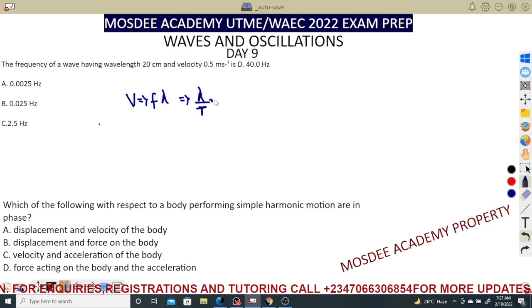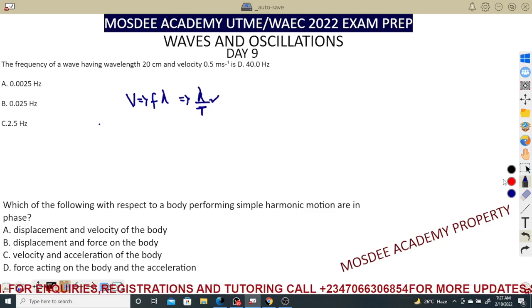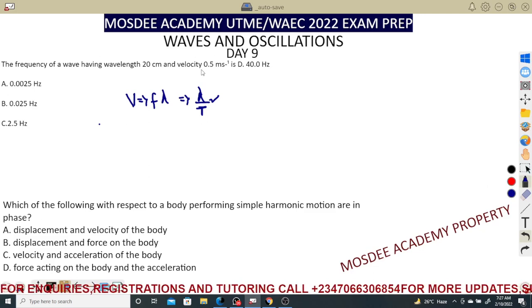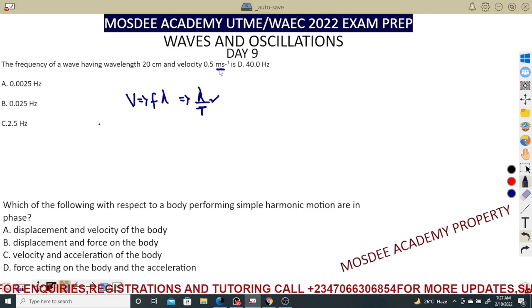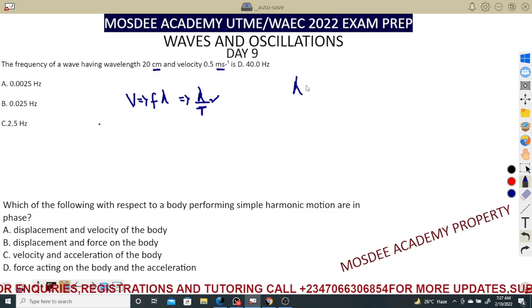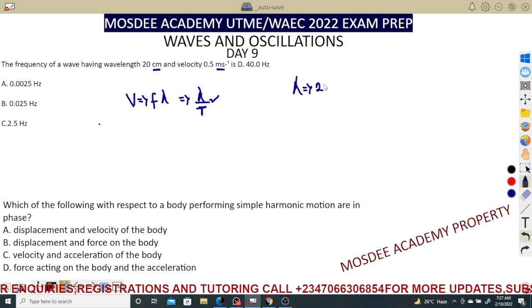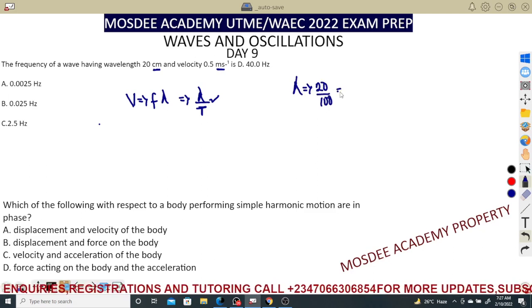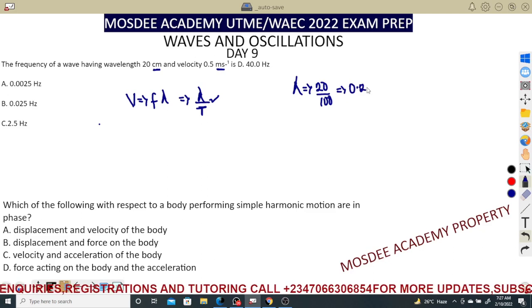Why I'm writing like this is for other types of questions that might ask you to find the period. So this is a simple question, to be honest. This is a meter, this is a centimeter. So the wavelength, which we call lambda, is 20 divided by 100, which is 0.2 meter, which everybody knows.